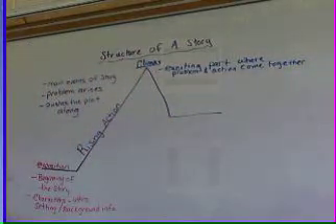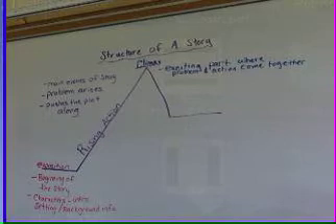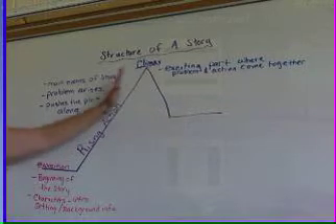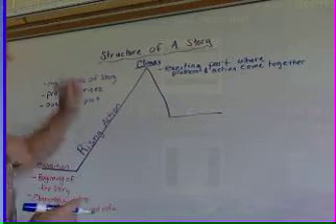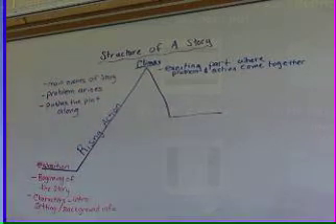Okay, so that's where everything kind of comes to a head. It's what you're waiting for. It's what the story's been building up to in the rising action. And you're really excited because you want to see what's going to happen, all right?